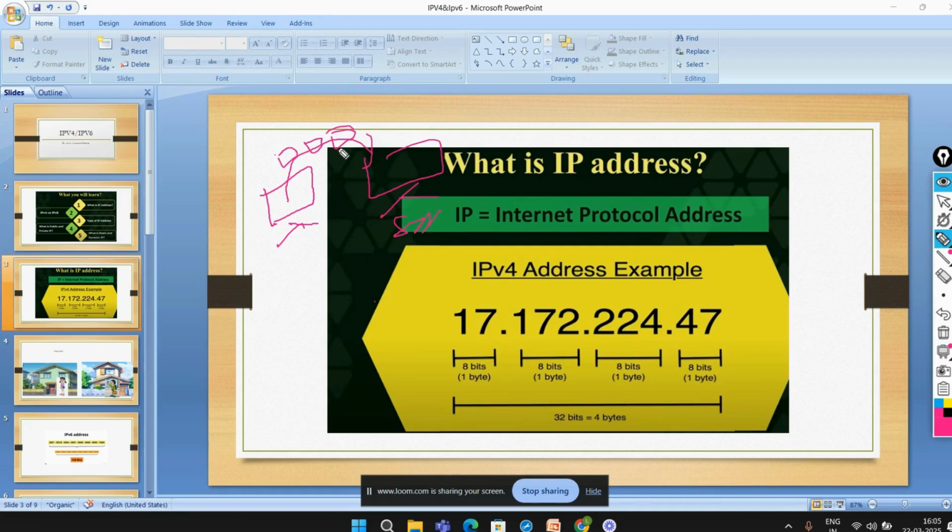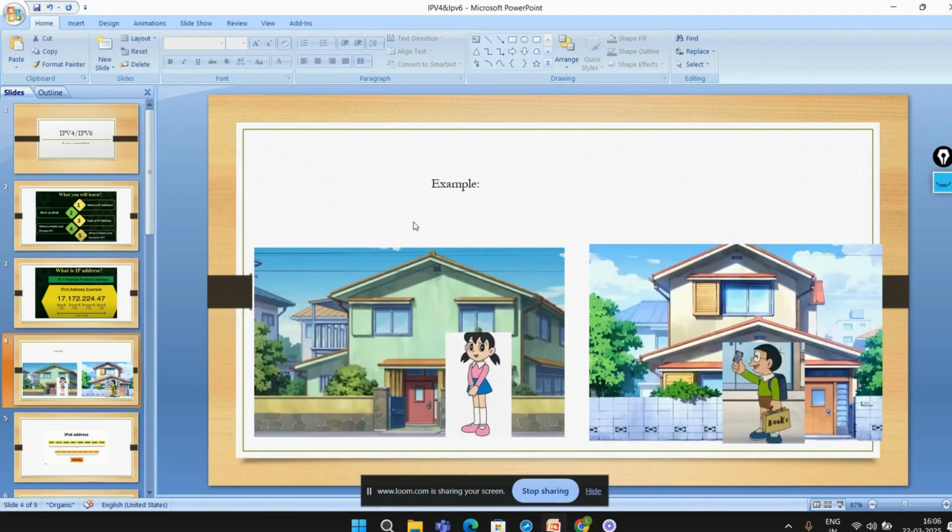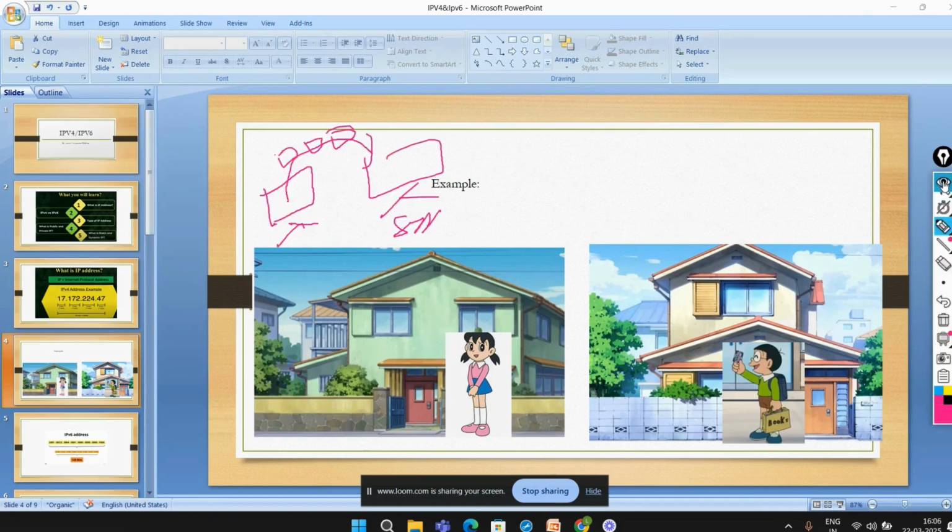Okay. So let's see the example first. This is the cartoon we saw in our childhood, and most people are still watching it right now. In this, if Nobita wants to send some books to Shizuka's house, Nobita actually knows the address of Shizuka's house.